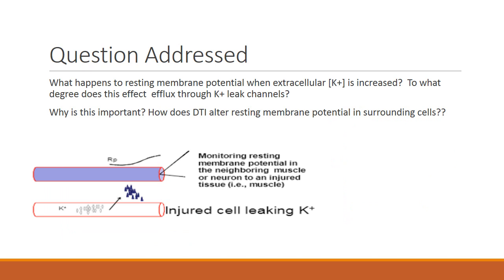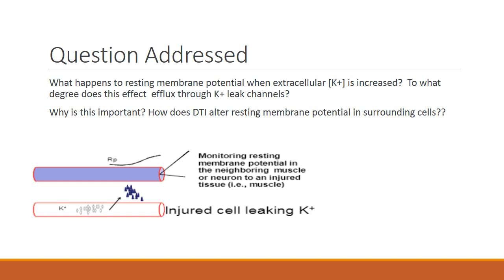So the main question addressed in this analysis is, what happens to the resting membrane potential when extracellular potassium is increased? We can relate this to increased potassium concentration from intracellular stores of muscle cells that are damaged as a result of deep tissue injuries. Secondly, to what degree does this affect the efflux through potassium leak channels? So here's a schematic of what we're thinking about.